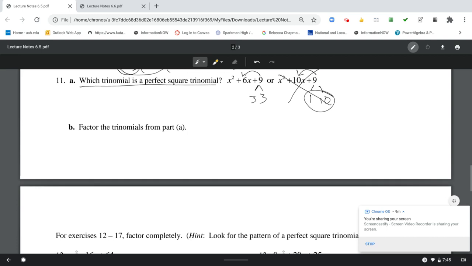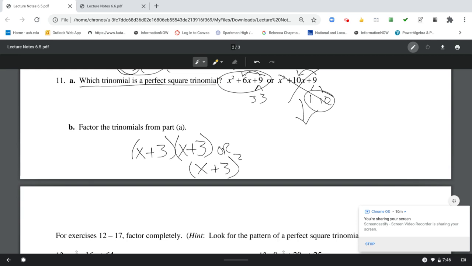So I apologize, I went too far. This says factor the trinomial in part A. So we're going to factor that one. That would be x plus 3 and x plus 3. Or you can write it as x plus 3 squared, since there are two of them.